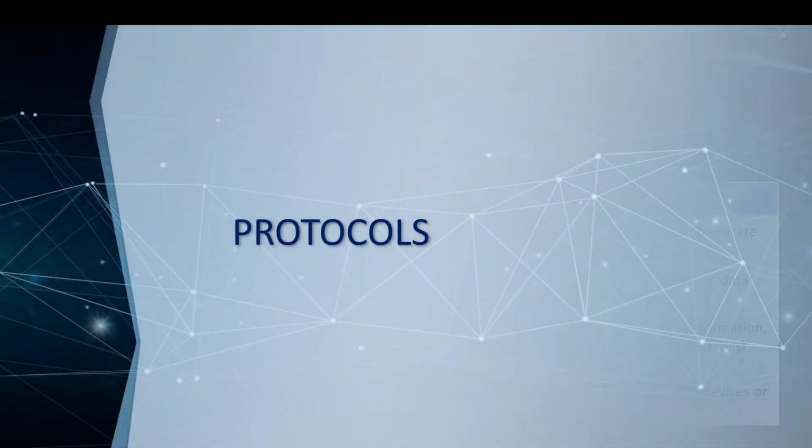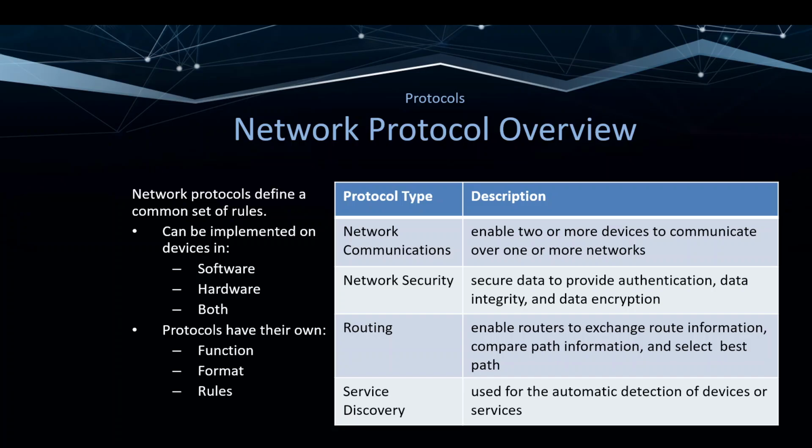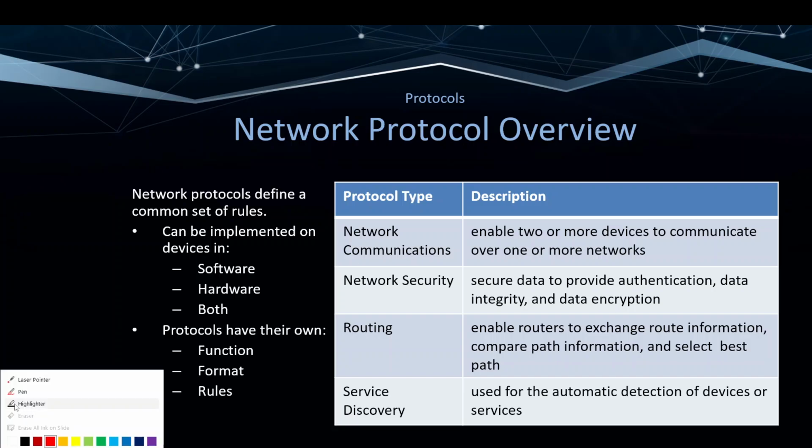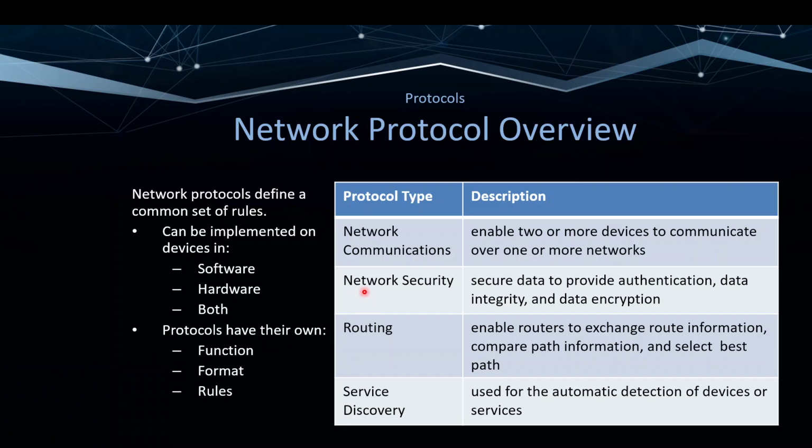So protocols, let's see what protocols are actually used in networks. We have network communication protocols. For example, DNS is a network communication protocol. DHCP is also a network protocol. SSH we could consider a network security protocol because we use it to remotely access devices, like Telnet. VPN, for example, is a protocol that operates with added layers of security, so it uses encryption, and so on and so forth.